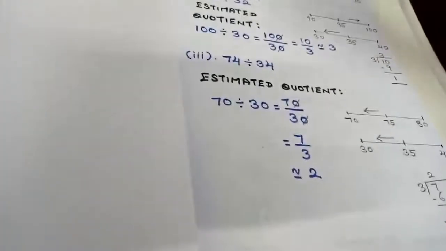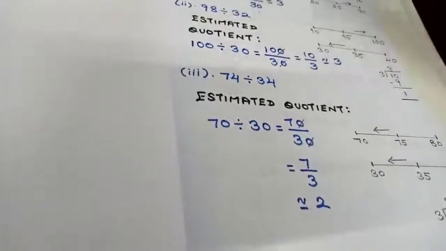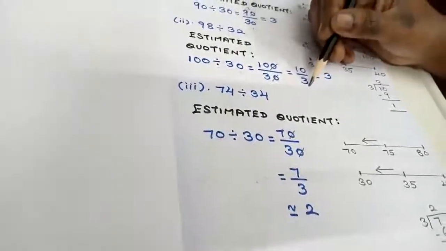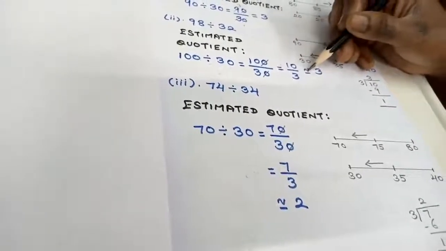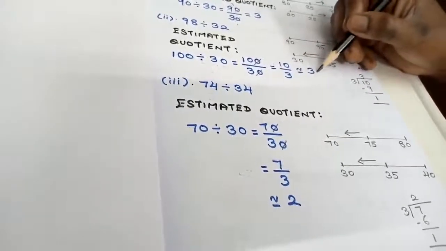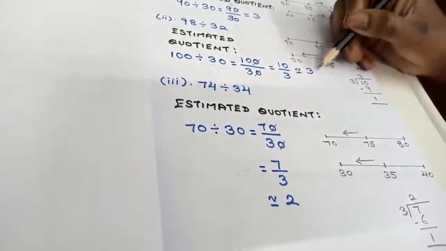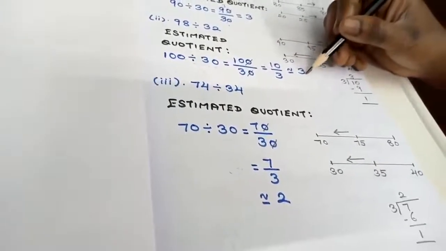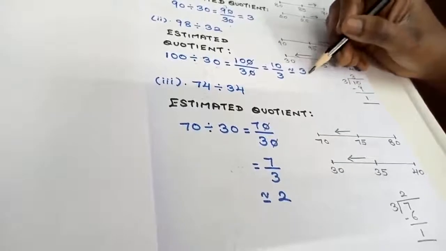I am not going to move further. Since if I want to keep the decimal point, I will not go to that particular place. I will keep this 3. So 10 divided by 3 is approximately equal to 3. The meaning of this symbol is approximately equal. Your answer is not exactly 3, it is approximately equal to 3. So the estimated quotient here is 3.